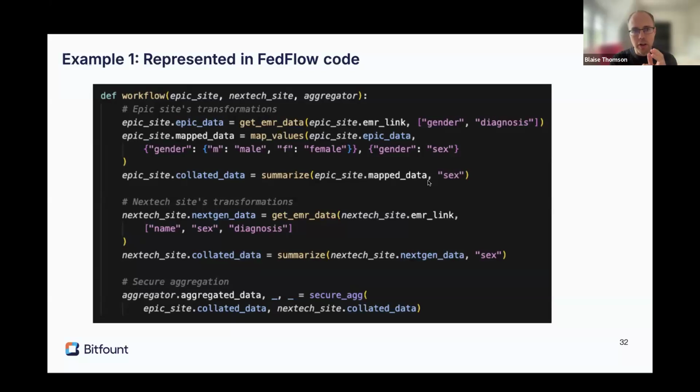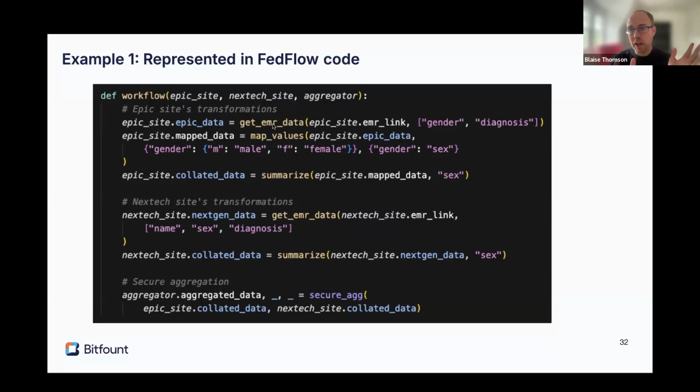I've done this as semi-pseudocode, but it's pretty close to what we have in our implementation, where you define a function, but the parameters of that function are basically the sites or the roles that are taking part in the collaboration, and then you refer to the data in each location using traditional this-dot notation.